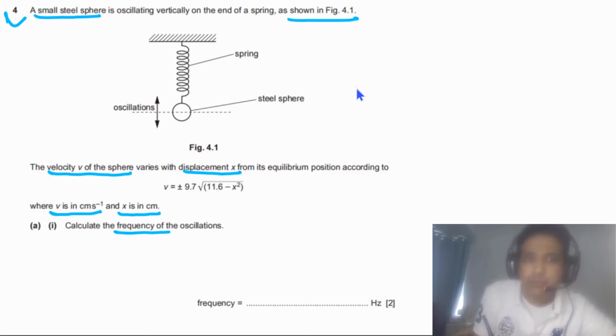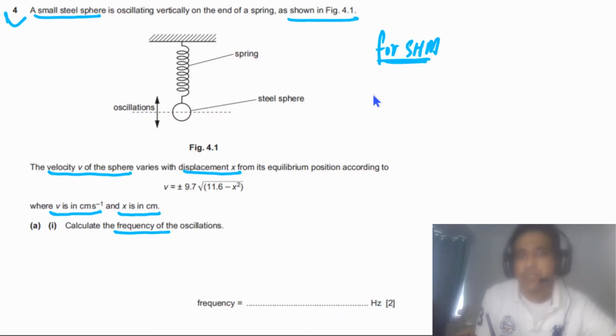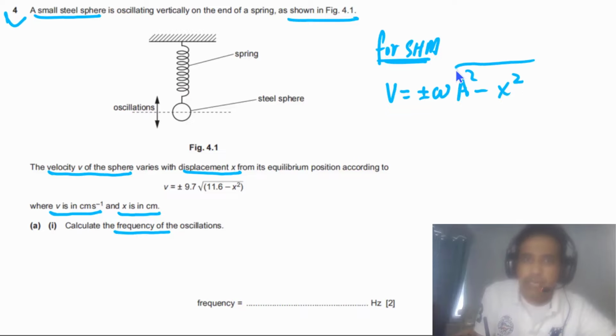So first of all, we need to understand for simple harmonic motion how velocity is linked with displacement. So velocity v is equal to plus minus omega times the root of a square minus x square. Here v is representing the speed and omega is representing angular frequency.